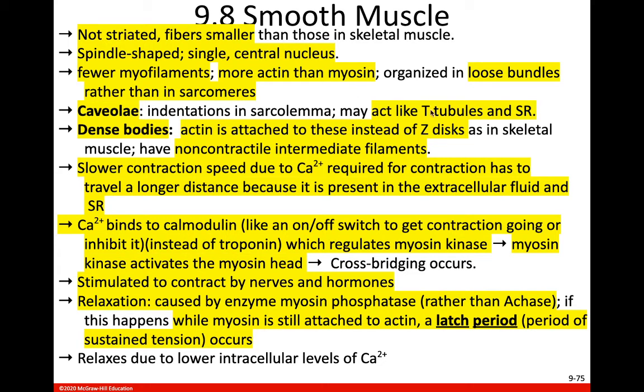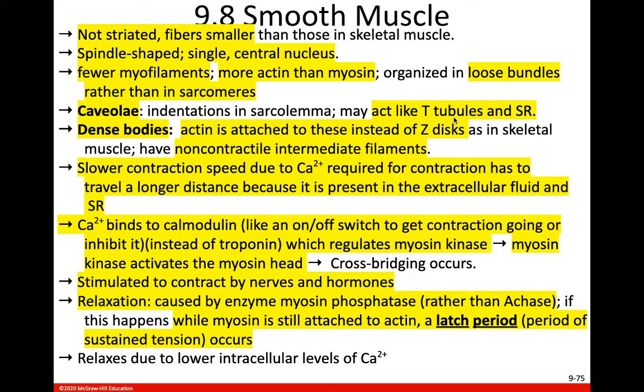In our smooth muscle, we also do not have T-tubules. We have these things called caveolae. These are indentations in the cell membrane of the smooth muscle, indentations in the sarcolemma, that basically do the same function as the T-tubule.